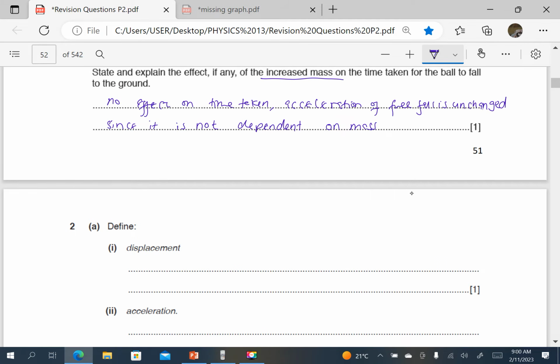Okay, so there is no effect because the acceleration of free fall does not change because it does not depend on the mass.